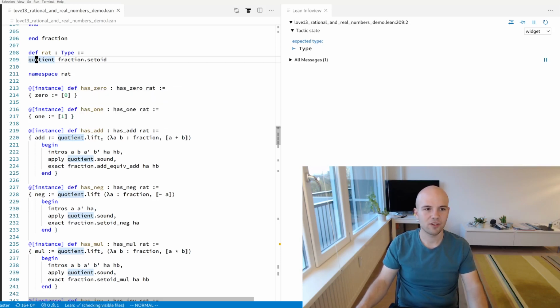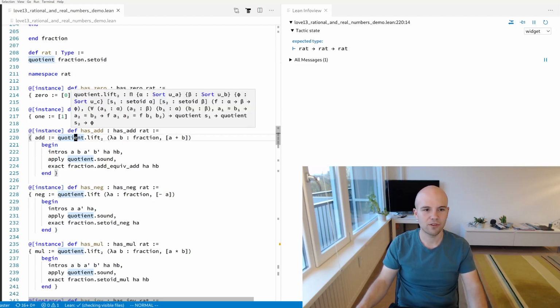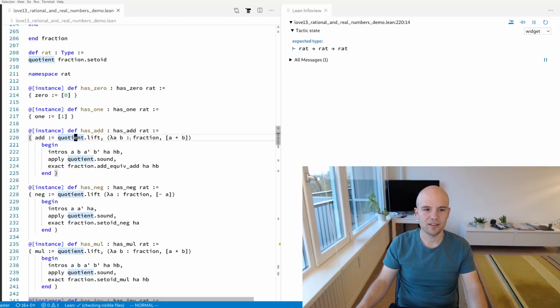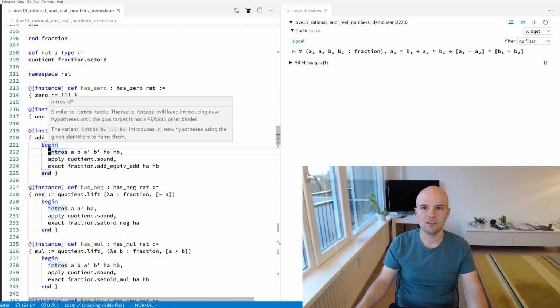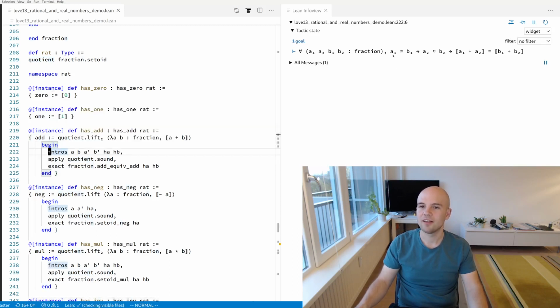For example, for addition, we use quotient.lift₂, which takes two fractions and returns the equivalence class of the addition of the fractions. And now we just need to prove that if the input fractions are equivalent, then the equivalence classes of the output fractions are equal, but we know that equality of equivalence classes is the same as equivalence.